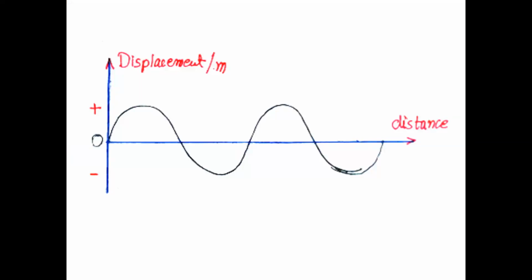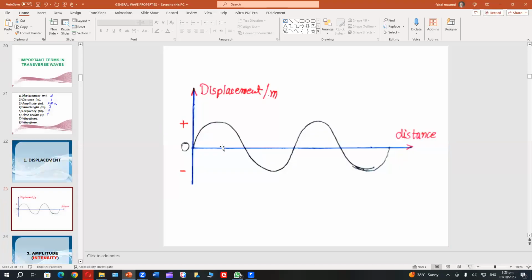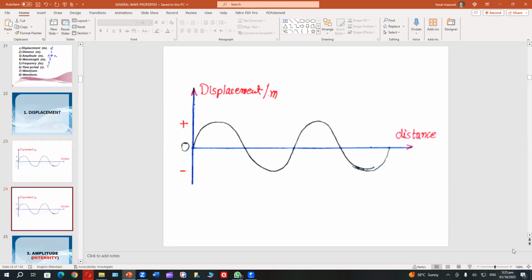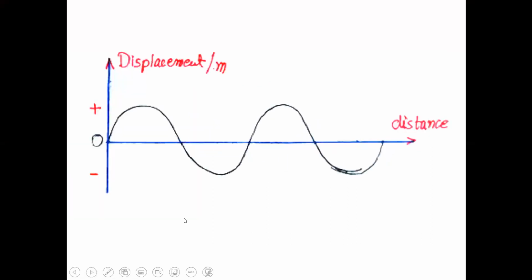Displacement is the separation from the mean position. In this chapter, we are going to use simple graphs, and it would be ideal that you use a ruler and pencil, because graphs should be a bit neat, and this is a graph of distance against displacement.